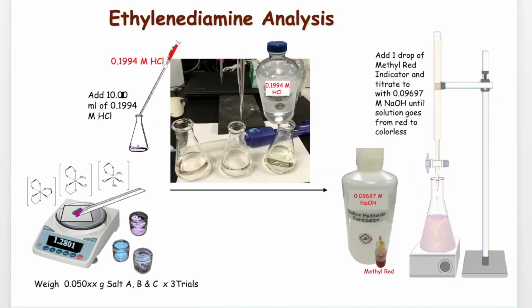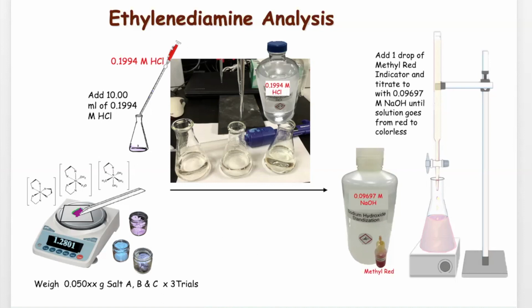So if you take this moles of hydrochloric acid and you subtract the moles of hydroxide, which is really equal to the moles of HCl that went unreacted, you now know the moles of HCl that reacted with the ethylene diamine. If you take that moles and divide it by 2, you have the ethylene diamine moles in your salt, okay? That's what the procedure calls for.